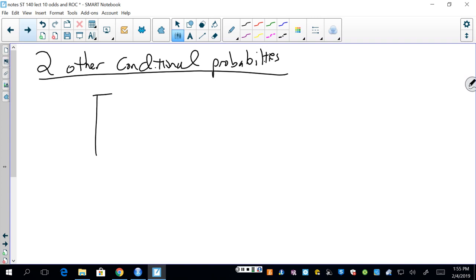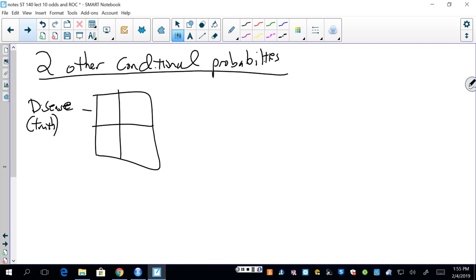In this case, the scenario is that we have a status of disease. Sometimes this is called true positive or true negative. Somebody has a disease or not. And then there's a diagnostic test that's done. The diagnostic test might come out to be positive, or might come out to be negative.